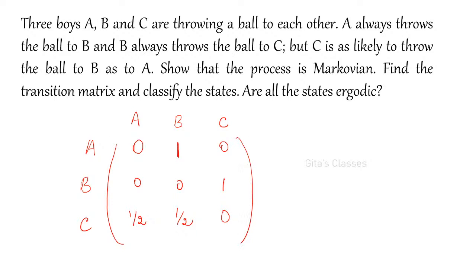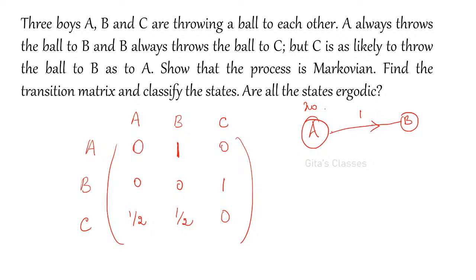Now you have to check whether this process is Markovian or not. Suppose you consider the state x0, initially assume that the ball is with A. In the initial state it is with A. From A he is always throwing to B only, right?